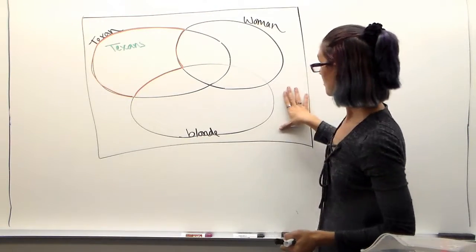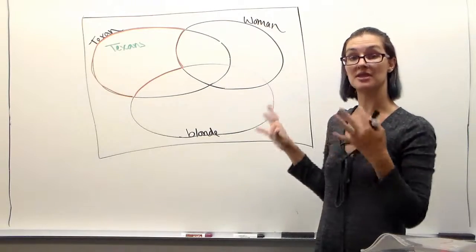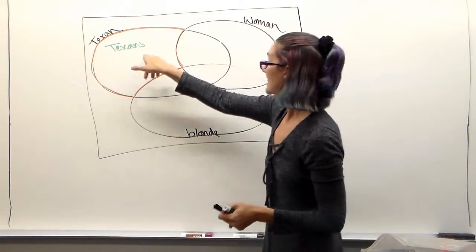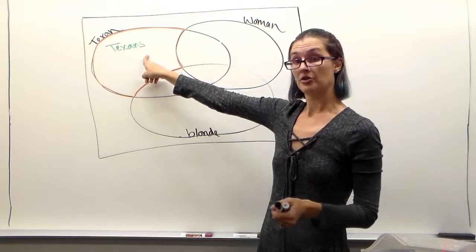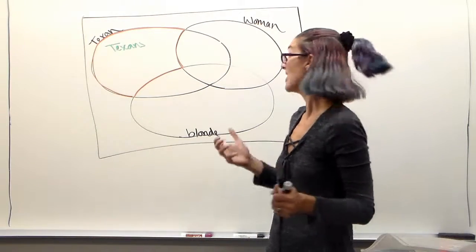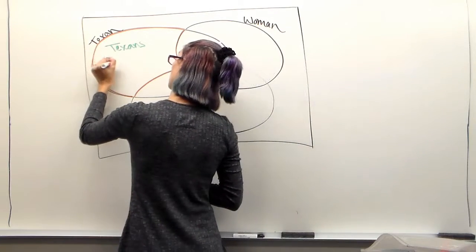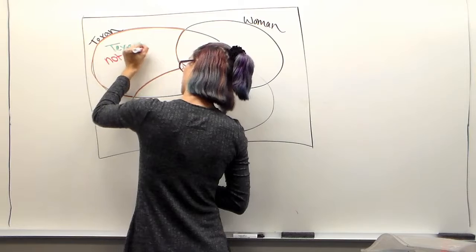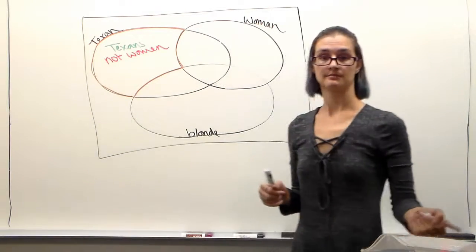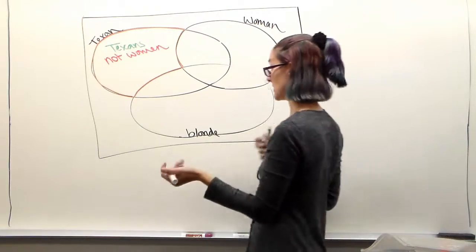If you're not a woman, you're over here, over there, somewhere other than that circle. So in this first area, you ask yourself, is it part of the women's circle? No, it's not. So those people are not women. You could say they're men, if you want.